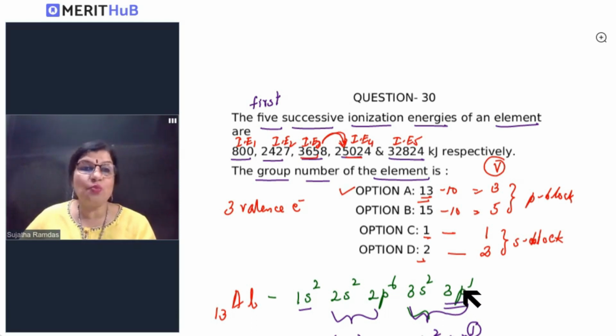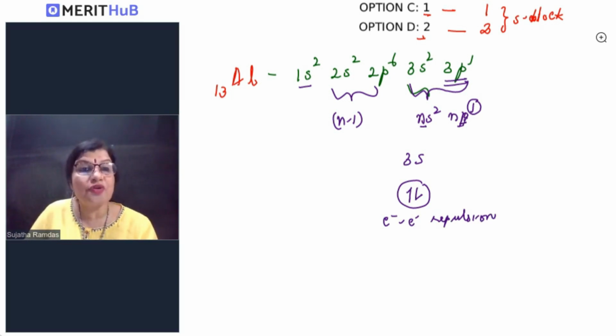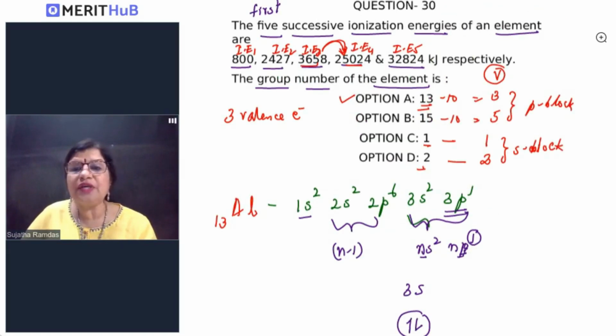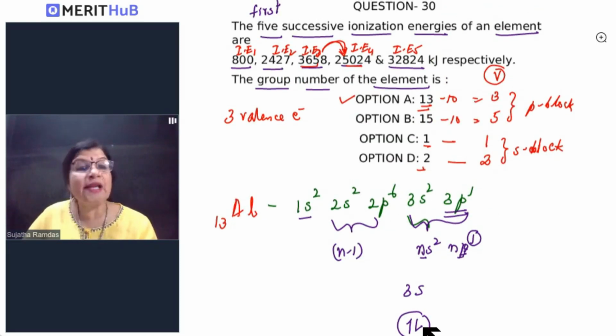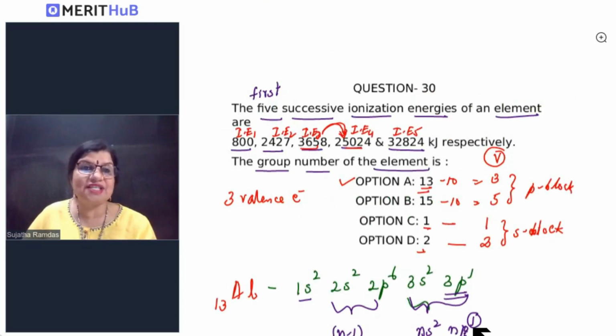This is IE1. After this is lost, we remove electrons from here. So the 3s orbital has two electrons in it. Now, whenever there are two electrons, we can think of electron-electron repulsion. So due to this electron-electron repulsion, one of the two electrons is easily lost. Of course, it will be higher than the first ionization energy.